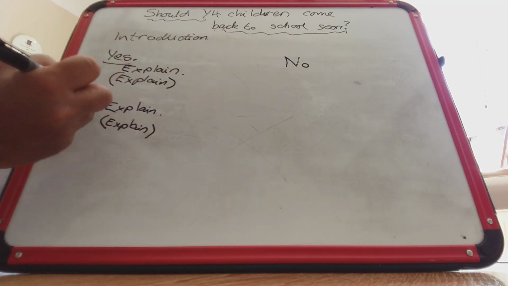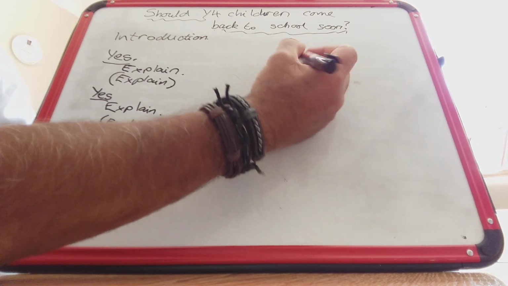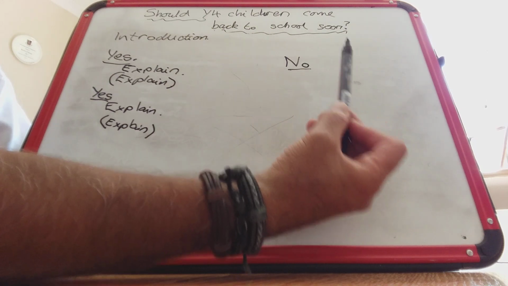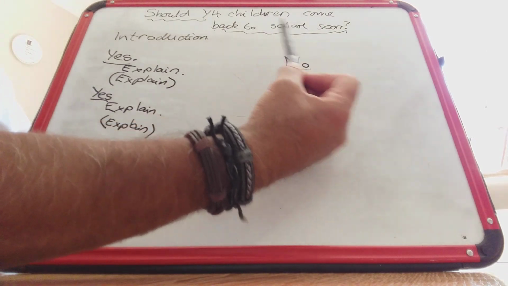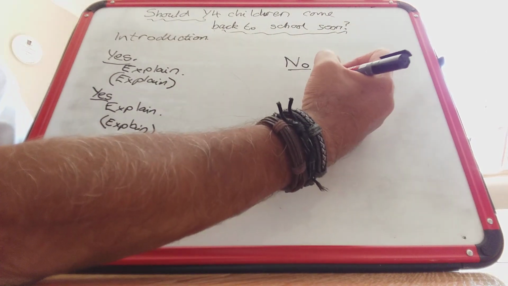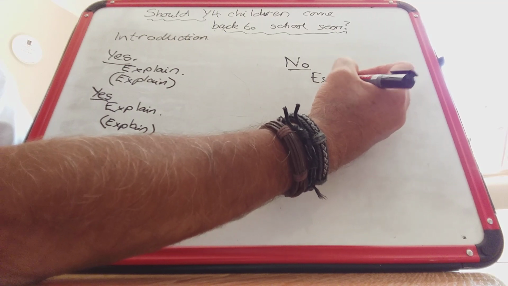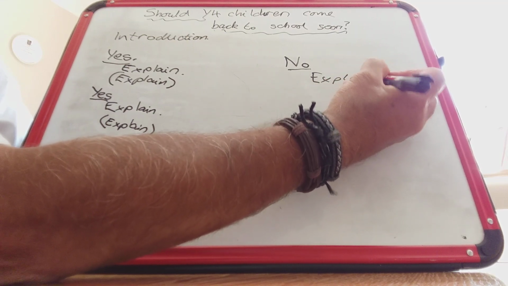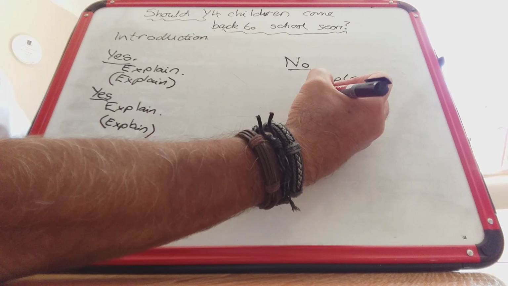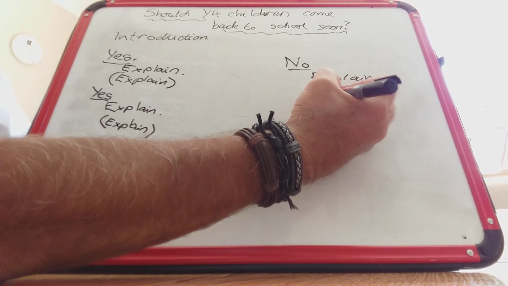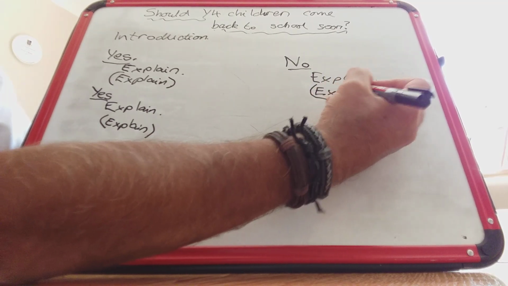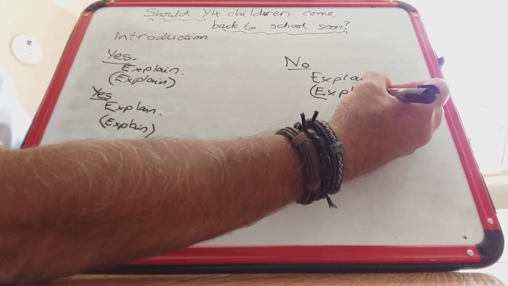So you have to write the first sentence which answers the question no, and once again explain what you mean. What are you talking about? Why is it important? If you're talking about scientific stuff, you might have to explain the science as well.